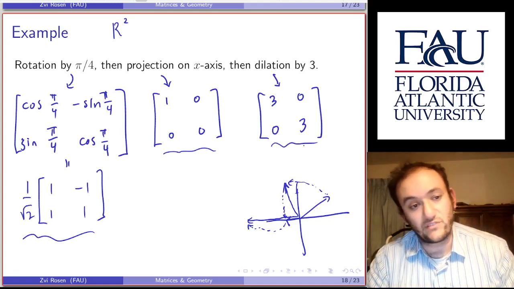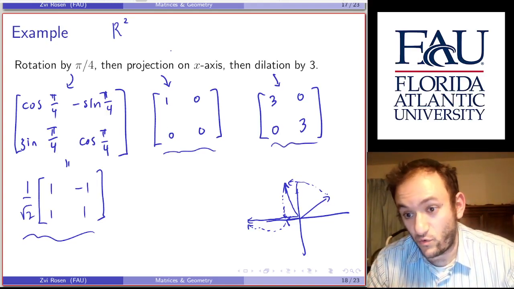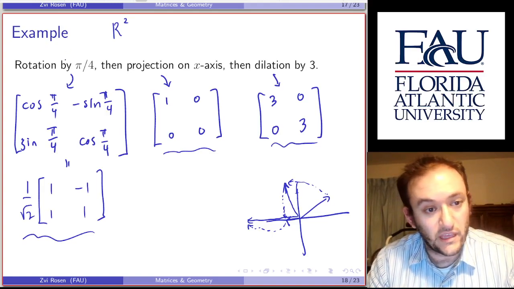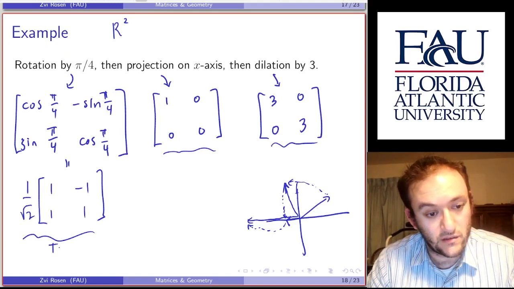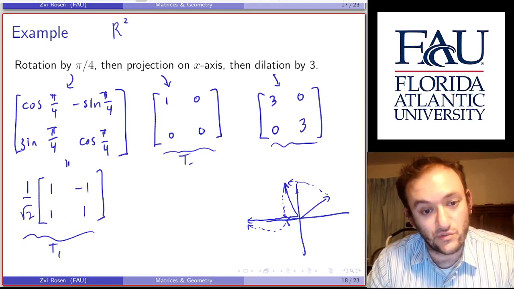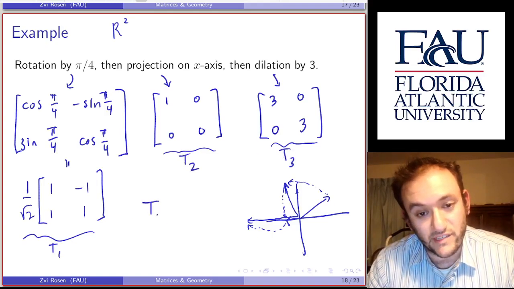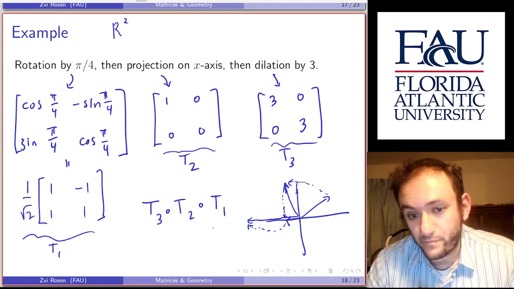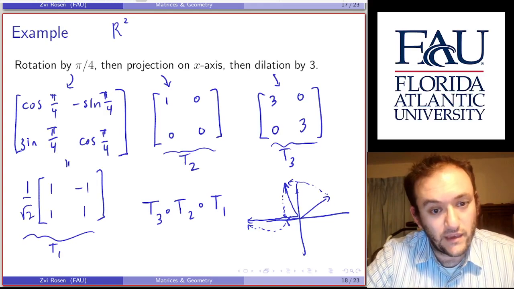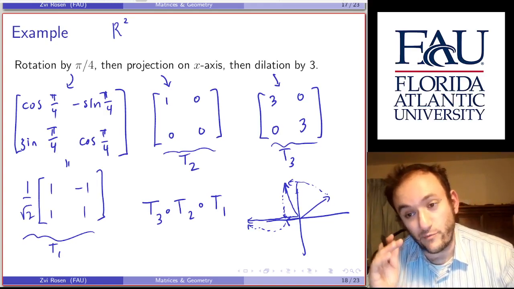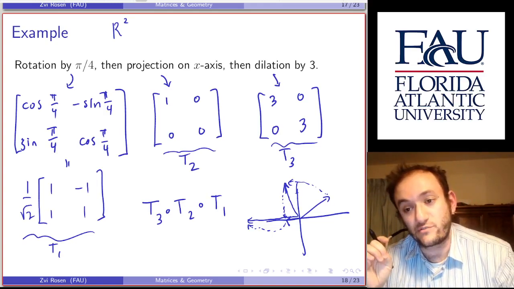So we obviously have to do this in order. If this is our T1, and this is our T2, and this is our T3, what we're looking for is the standard matrix of T3 compose T2 compose T1. Okay. And that's because whatever starts on the right, that's the first transformation you're doing.